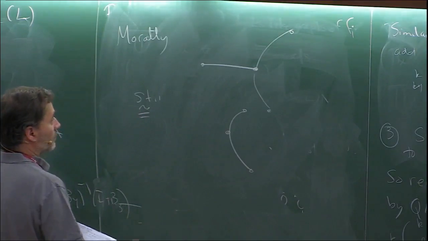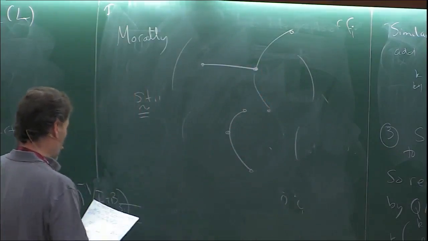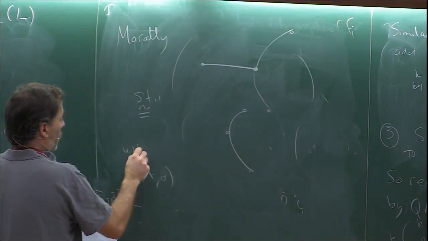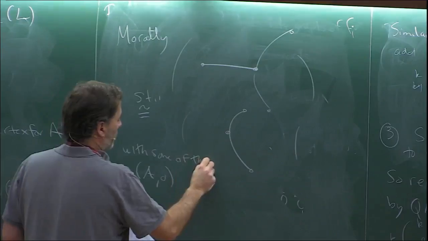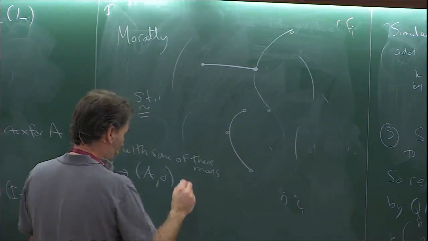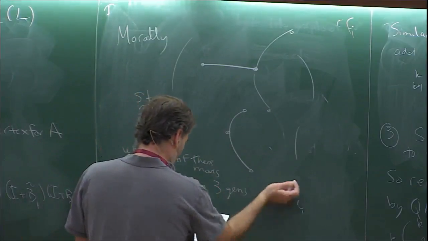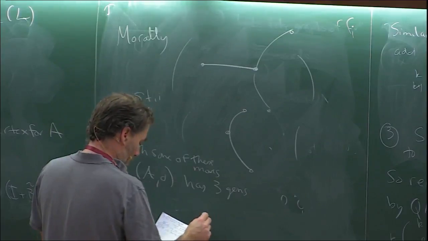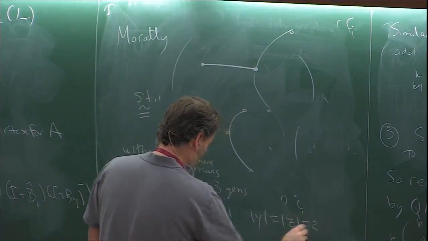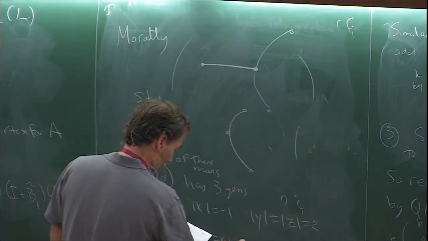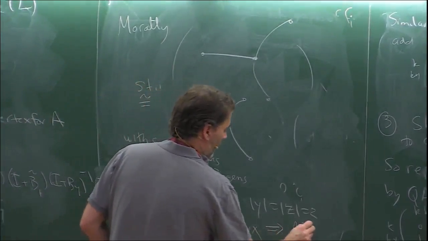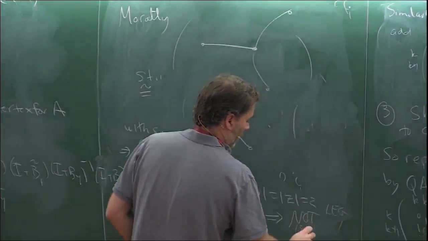And so with some simple homotopies, you get that the DGA has 3 generators: x of degree minus 1, y, z of degree 2, and dx equals x plus y, x times y plus y times x. So the upshot is that it's not Legendrian isotopic to the unknot.